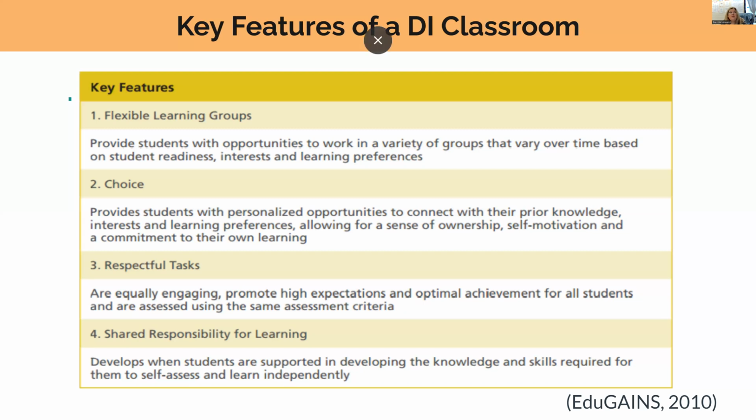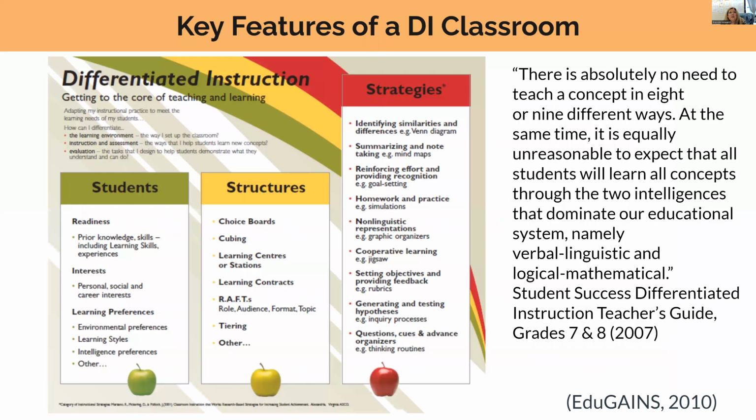Some other key features to consider when thinking about differentiated instruction is not just all about the student and their readiness, interest, and learning preferences, but think about the structure. Are you using choice boards or learning centers or stations, learning contracts, RAFTs, tiering, so many different types of structures for the learning environment, depending on what it is you're teaching at the time.